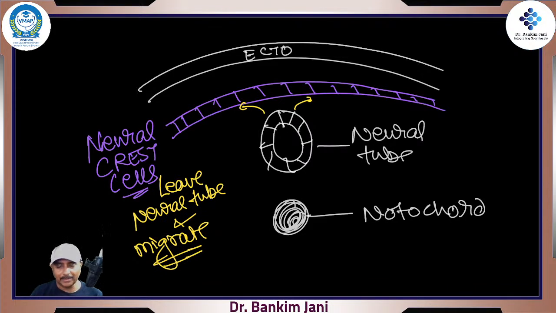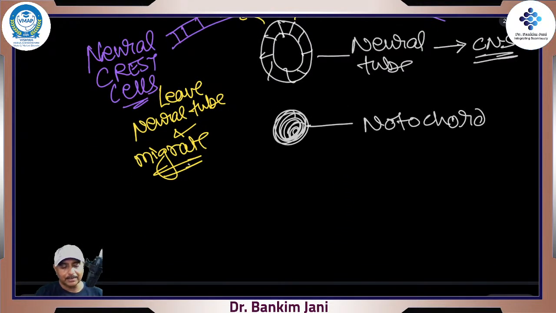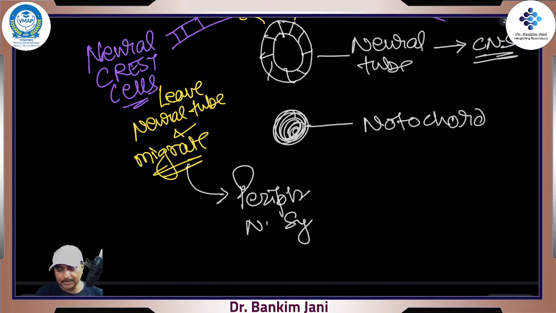The reason behind it is that if neural tube is making central nervous system, there has to be someone who should make peripheral nervous system, right? Thanks to neural crest cells, they will be making peripheral nervous system, because finally it is neuroectoderm. Notochord said, I'll speak only once, right?